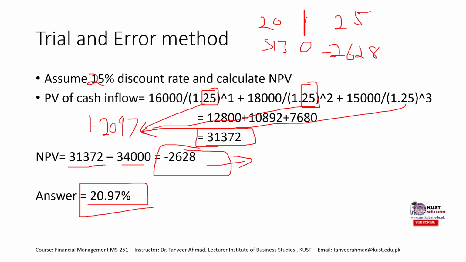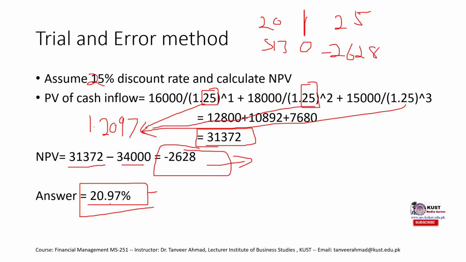You get almost 34,000. Present value of cash flow would be 34,000 if you try 1.2097, and the NPV would be 0. So we have found the IRR. The IRR is the discount rate at which NPV is 0. Using the trial and error method, we have found that 20.97% is the IRR value.